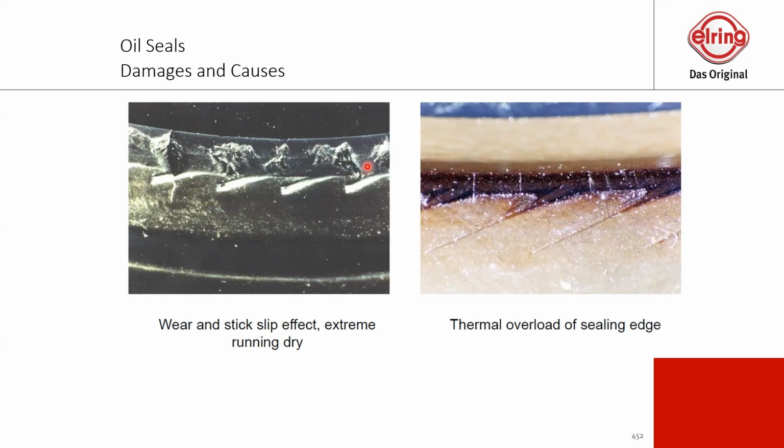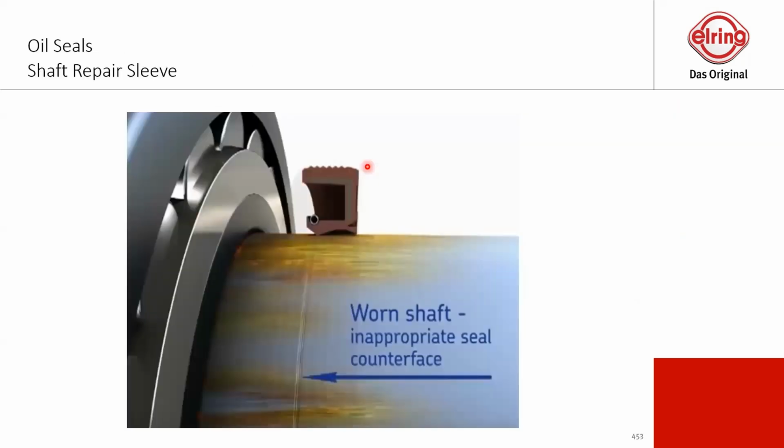Another point that will happen all the time with the oil seal: if you check the shaft where the old oil seal was working, you have some grooves there, and the grooves build up naturally because the material is getting harder and pushing the metal to the right and to the left side. It's not abrasive, so it's not going away as dust.